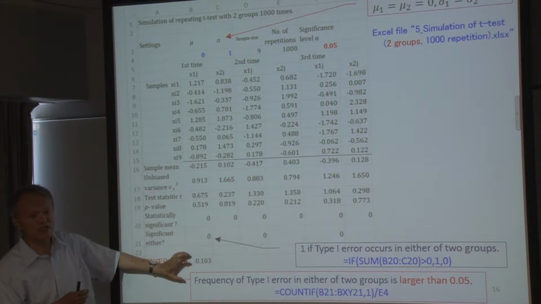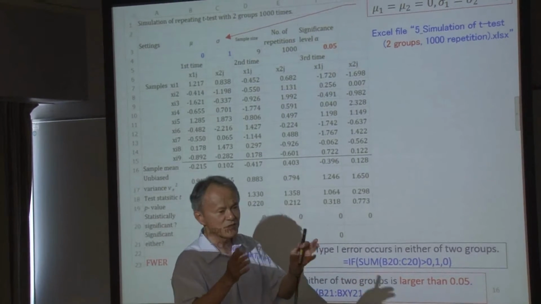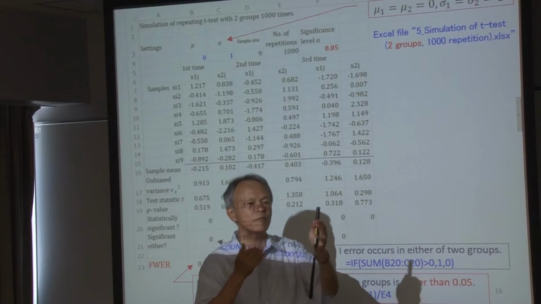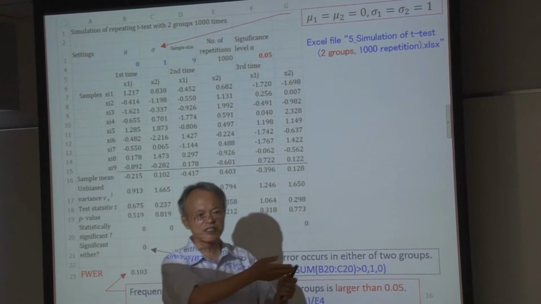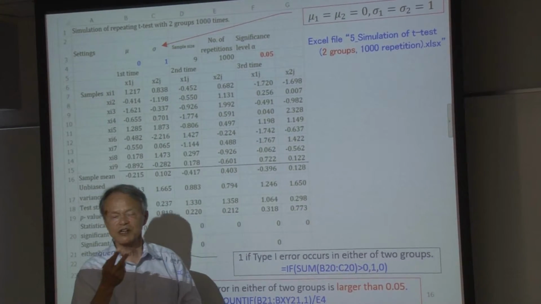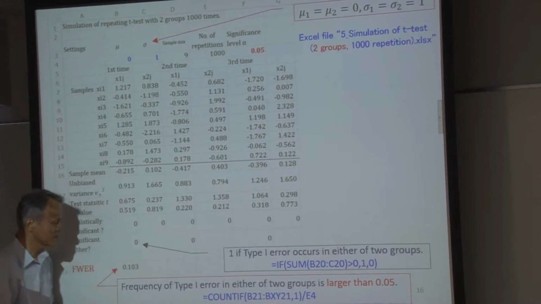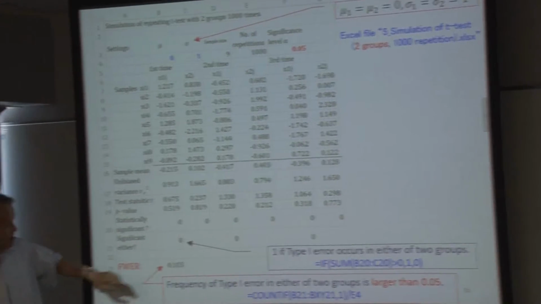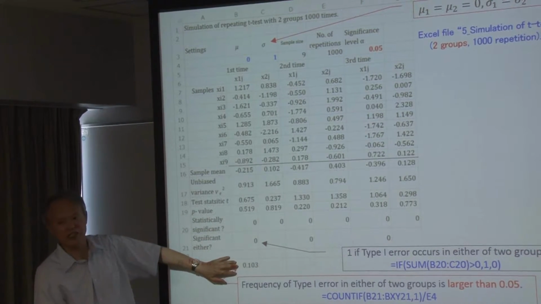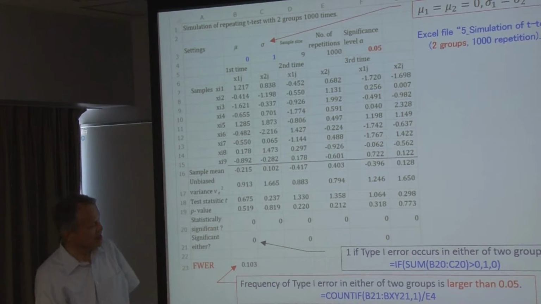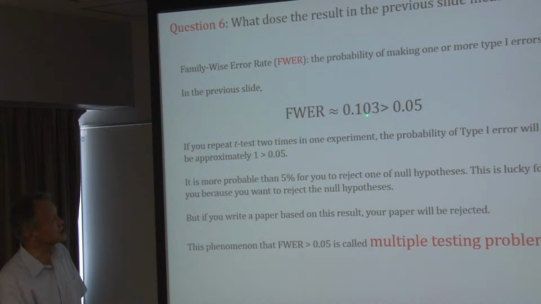So in the case of multiple comparison, if you do a t-test 2 times in your paper, if you want to write a paper and submit it to one of the societies, then the probability that a type 1 error occurs in either of these two or both becomes larger than 0.05. Here FWER is 0.103.